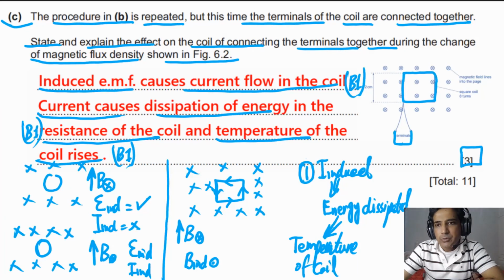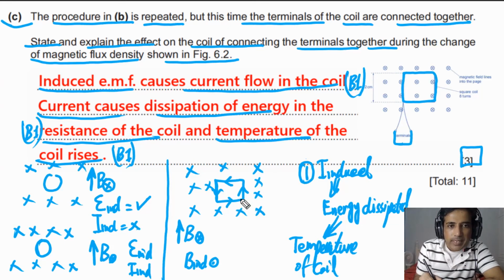Let me explain the second way, based on forces. Now you need to understand, as current flows in this coil, and this coil is placed inside an external magnetic field, we need to understand the motor effect, meaning how forces will act on this coil. First of all, imagine that we have only this piece of wire placed inside the external magnetic field.